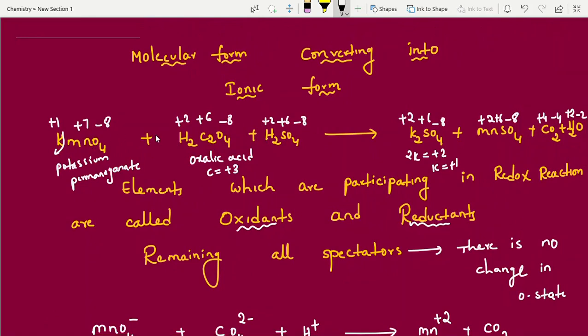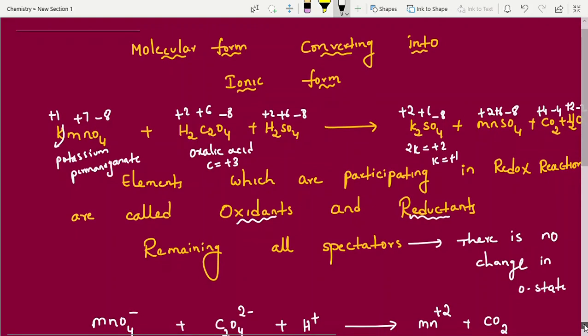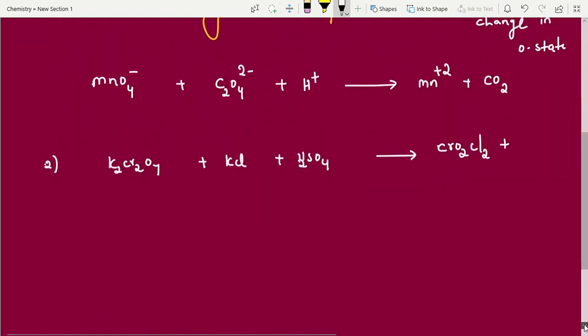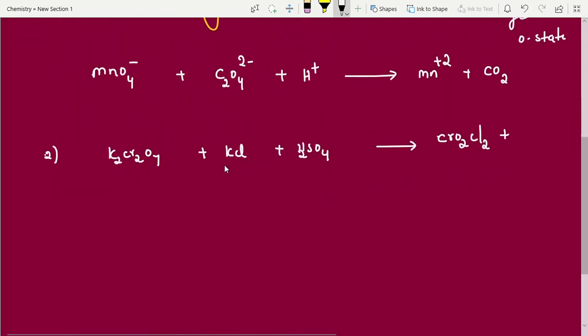See, oxidizing agent means it oxidizes the neighboring group. Yes, carbon goes from +3 to +4, and itself it is reducing from +7 to +2. So like that we are connecting the questions. You can expect this type of questions also: among the following, which acts as oxidizing agent, which acts as reducing agent.